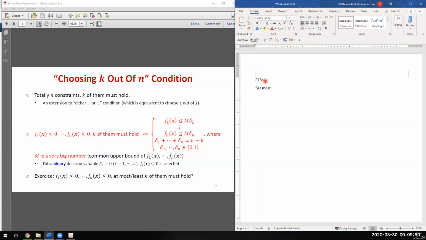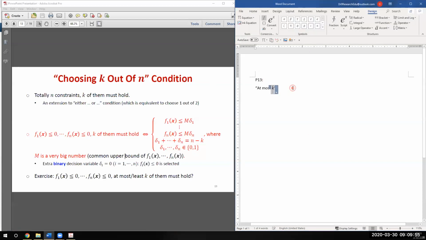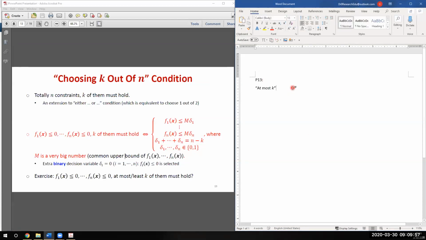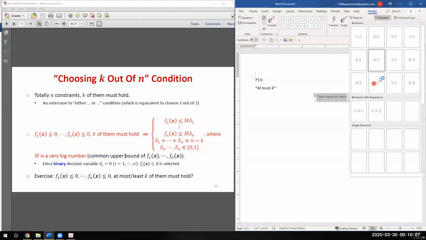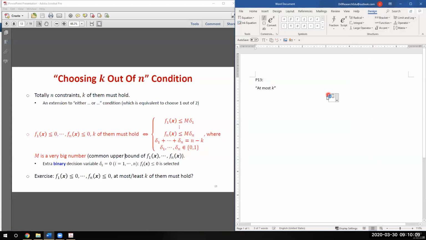So if it is at most k, then first of all, I still have all these constraints the same, okay? Still, you have, let's say, f1x less than or equal to M delta 1. And then I'm going to copy and paste.